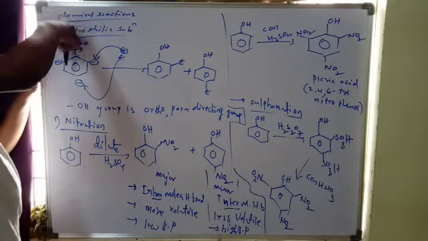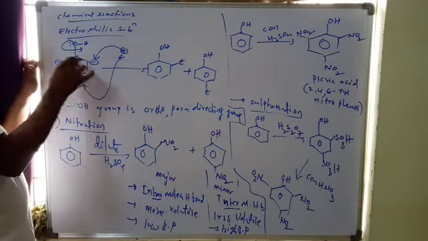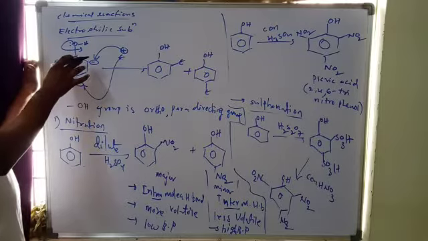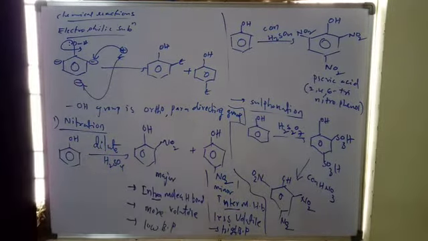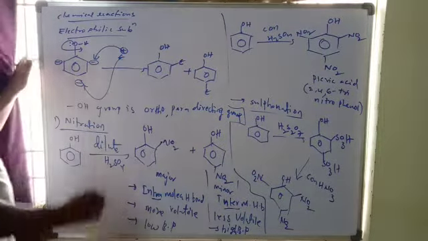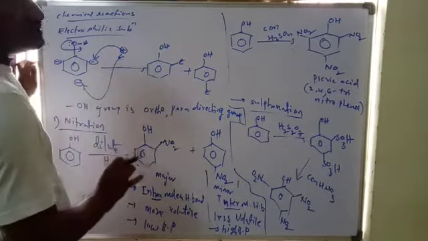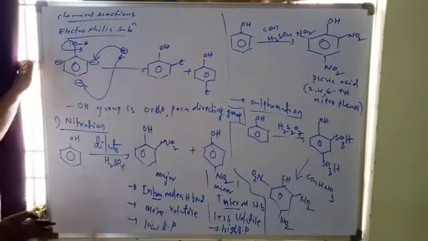It exclusively releases electrons at ortho and para positions. So that's why the electron density at ortho and para increases, so the electrophile goes to the ortho and para positions, and the products also form mostly ortho-para substituted products.